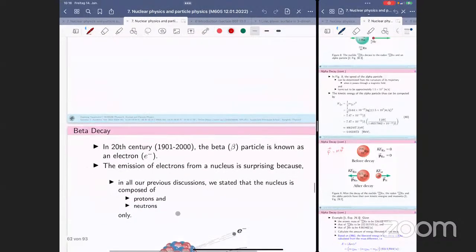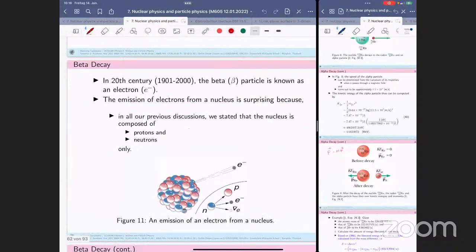And now we arrive at the next type of decay, which is called beta decay. Beta decay is more sophisticated than alpha decay.